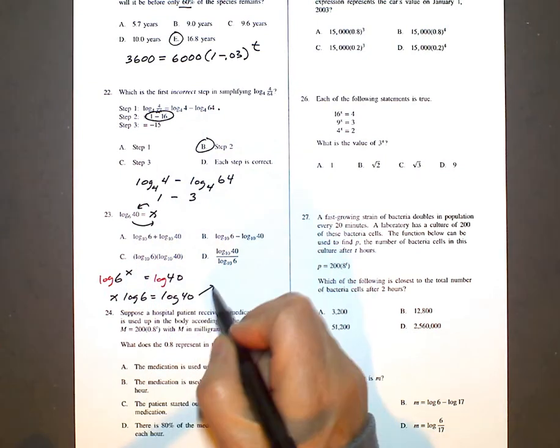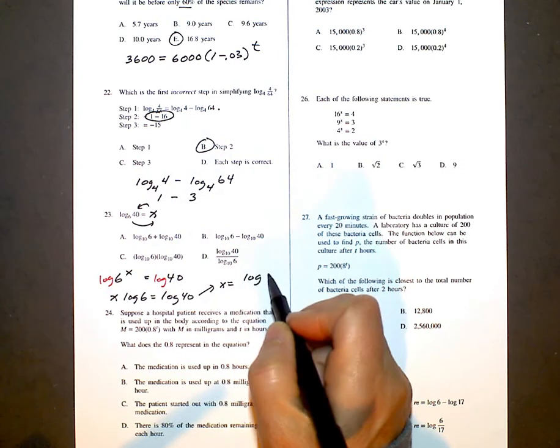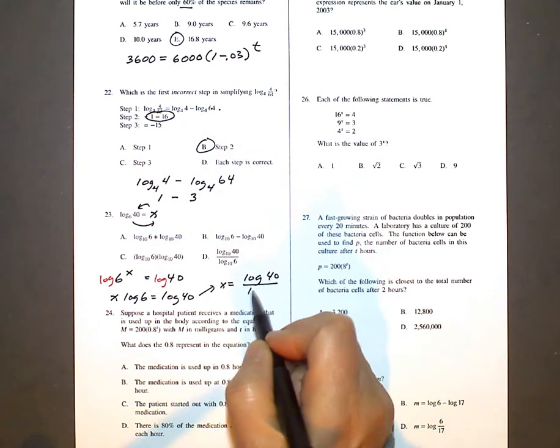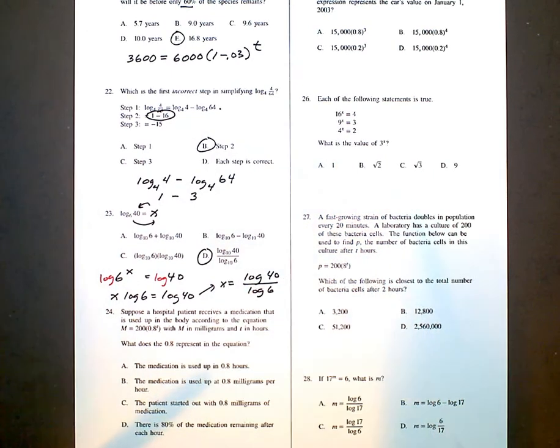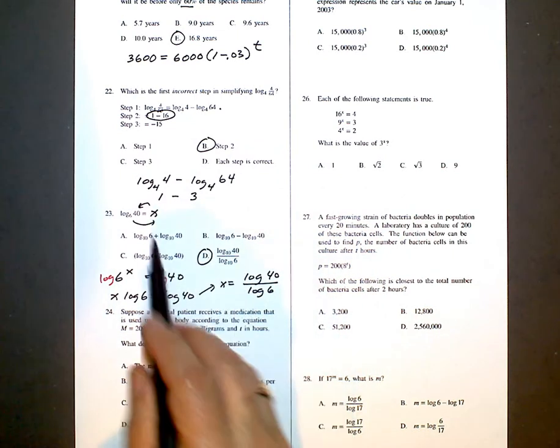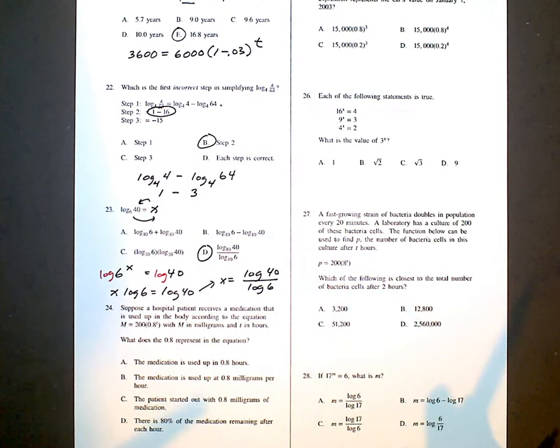So x equals the common log of 40 divided by the common log of 6. And so that would be choice D. And when you understand the change of base formula, you can go straight from here to here on a simple one like this.